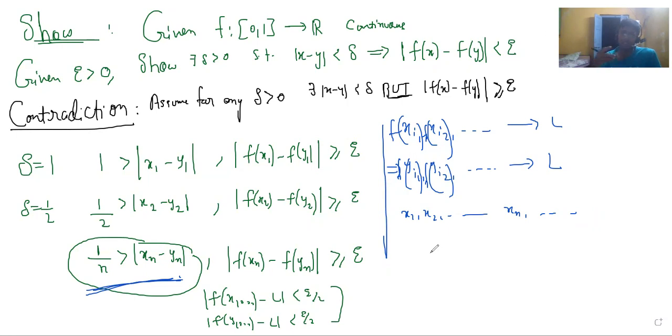So a sequence of length n square plus 1 has a monotonic subsequence of length n plus 1. In any partial order, those kind of things are also true. But anyways, okay. So you have a monotonic subsequence, but a monotonic subsequence on a closed interval will have a limit, right? Because you can take the supremum of that.